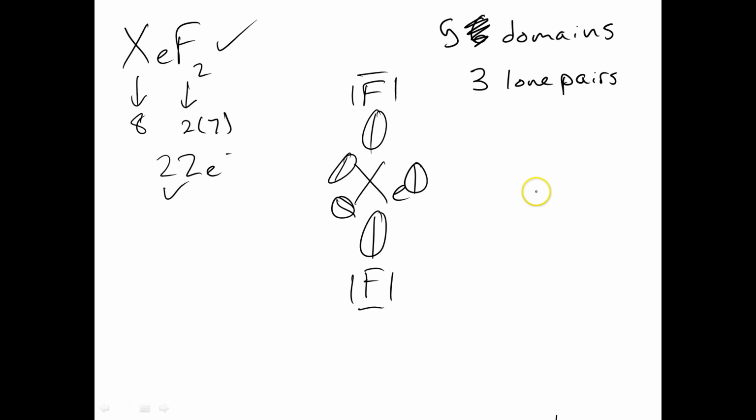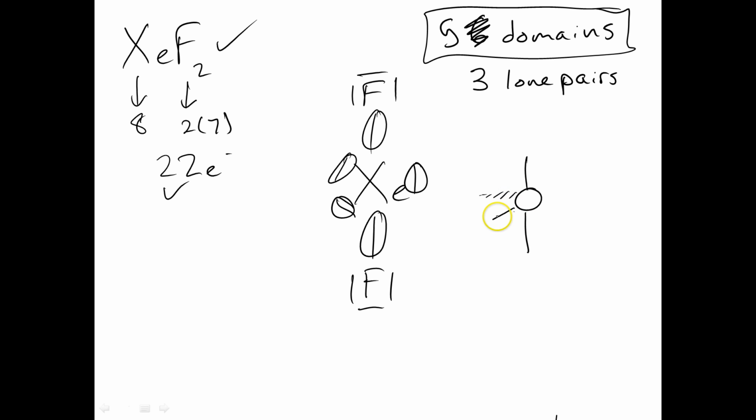So if we start out by drawing our geometry for trigonal bipyramidal, which is our parent geometry, our electron geometry for 5 domains, I'm going to have 1 bond going back, 1 bond coming forward, 1 bond going right from my equatorial positions. Now, my lone pairs need a little breathing room, so we put those in the equatorial positions. My axial positions are going to contain both of my F's, and xenon goes at the center.